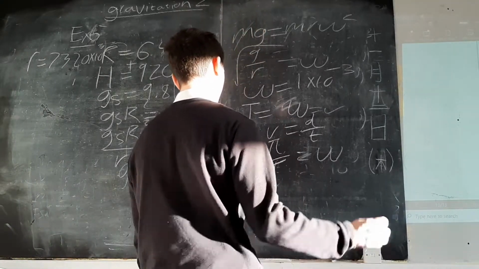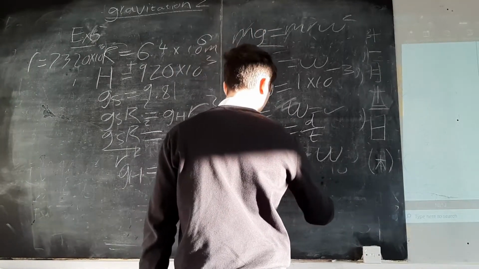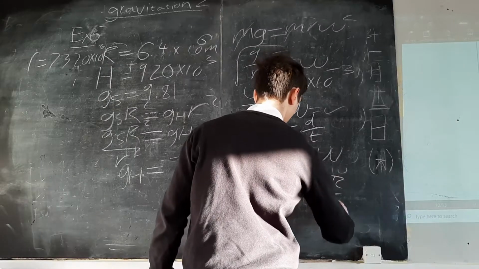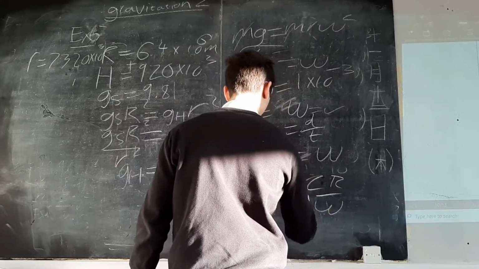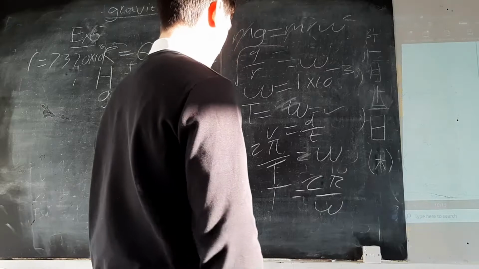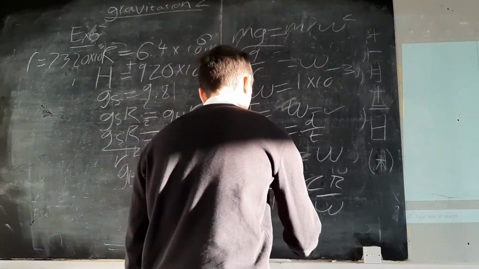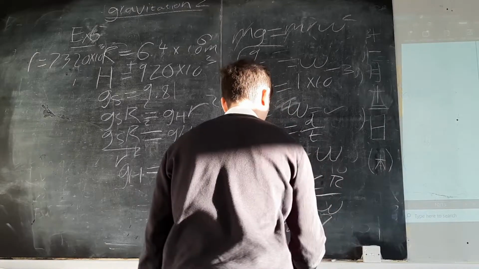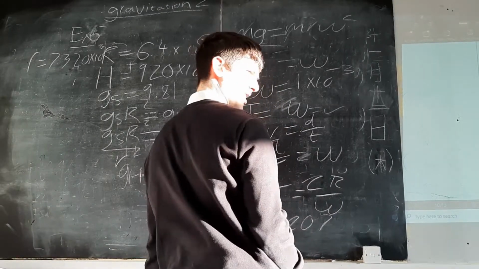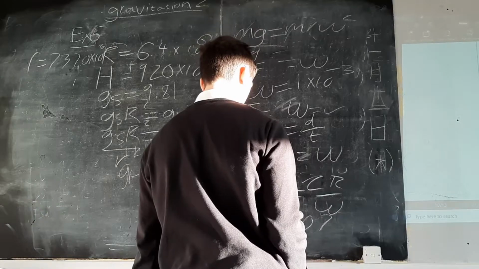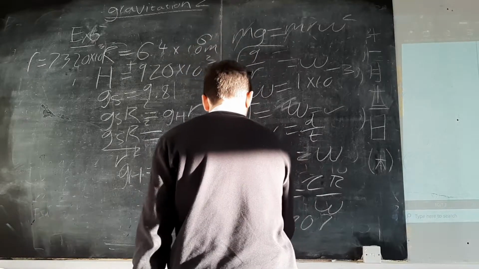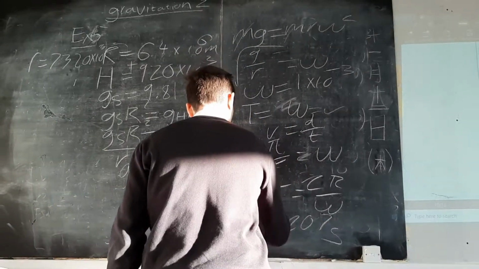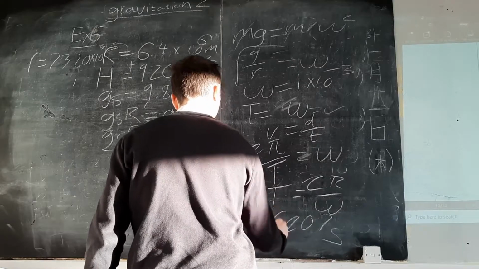So we just slap that over, so it's 2 pi over omega equals T. And what do we get? 6,207 seconds equals T.